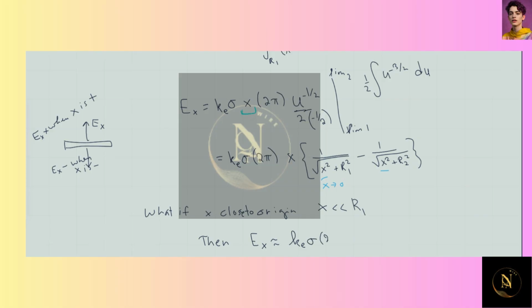And then you have something interesting. You have 1 over R1 minus 1 over R2, which is a positive quantity.